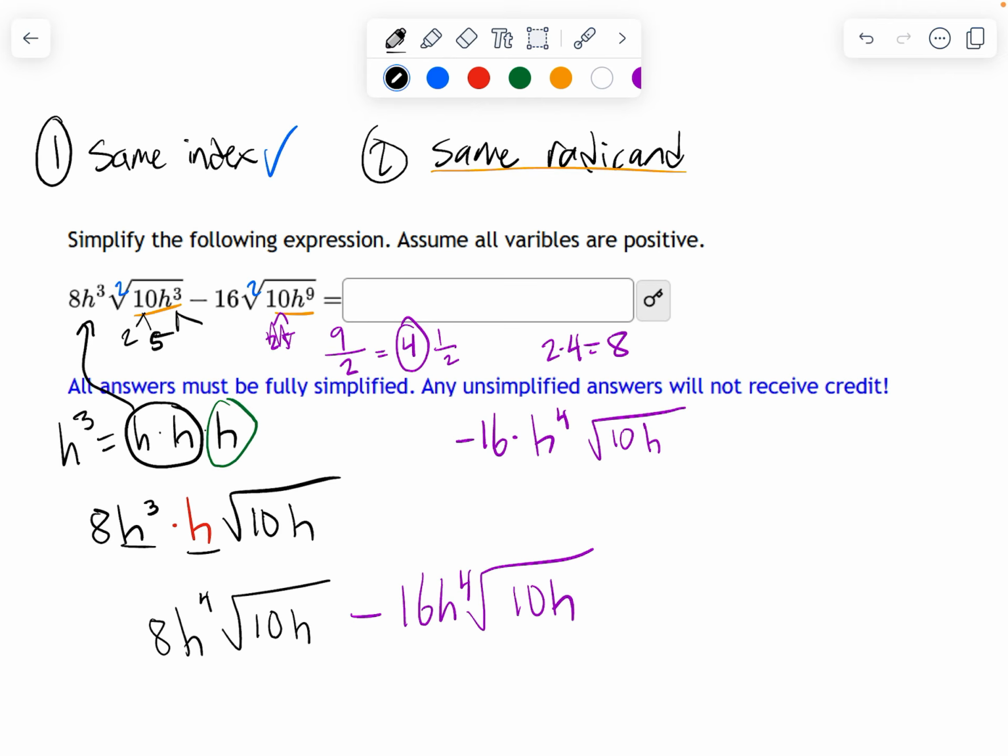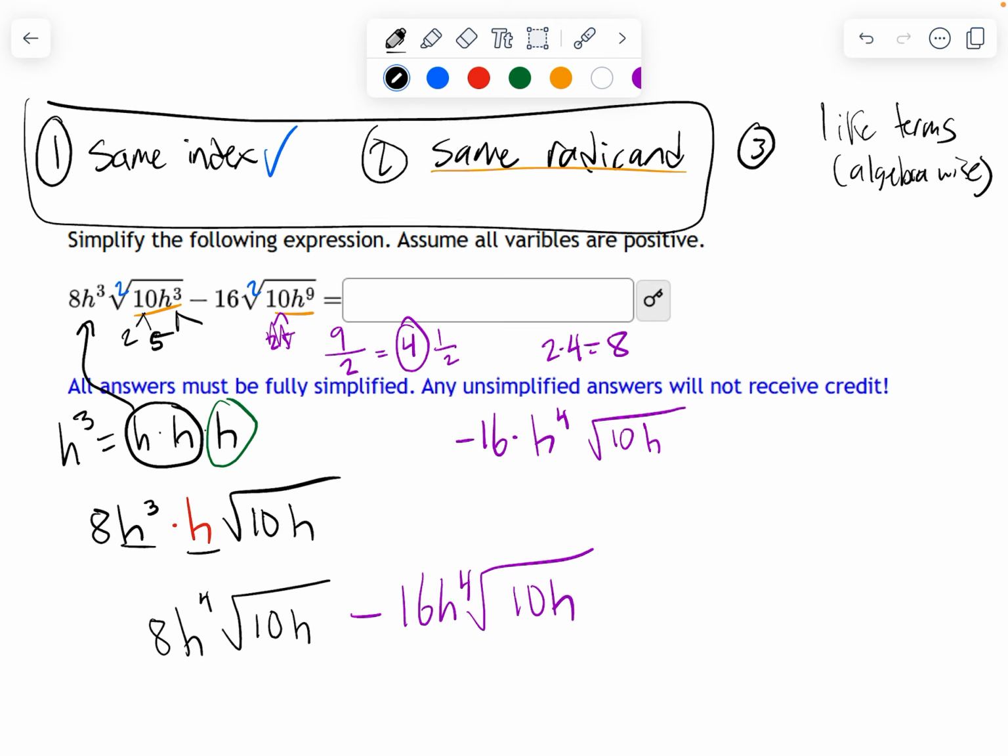Now, when I said there were 2 qualifications, the same index and same radicand, I kind of just a pinch lied to you. There's sometimes a secret third qualification, which says that we also need to have like terms, algebra-wise. So we need to worry about the radical-like terms, which is qualifications 1 and 2.